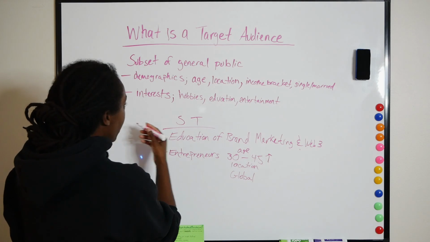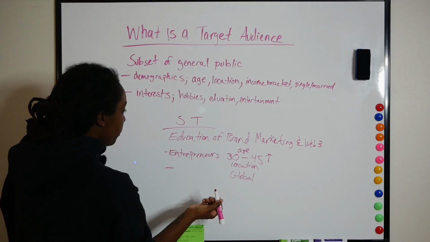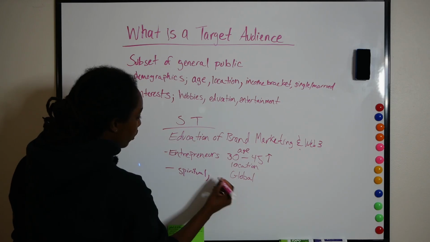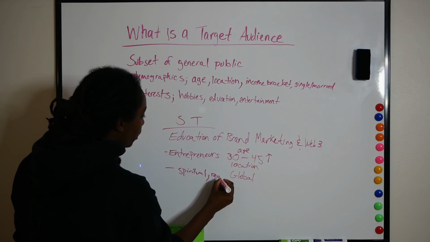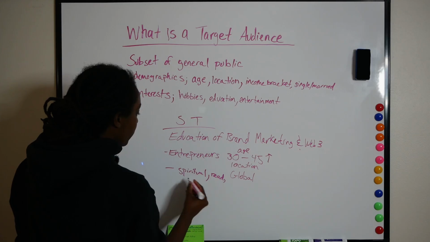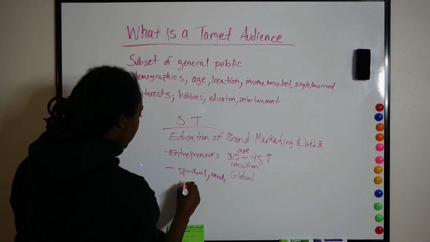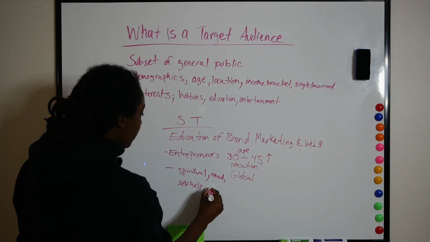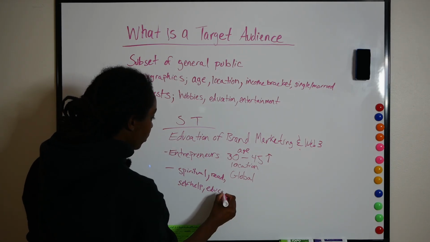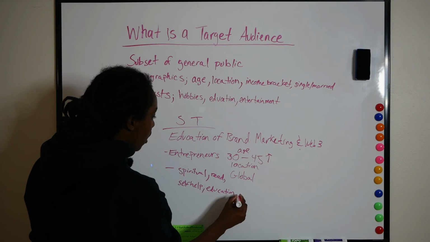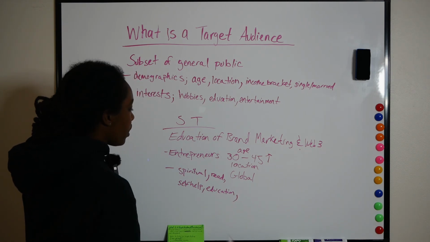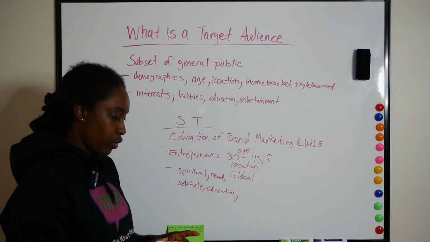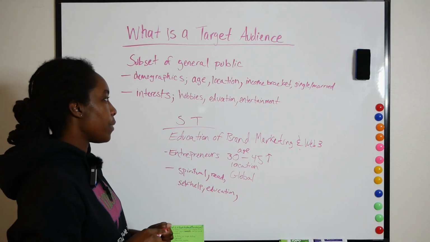Then interests and hobbies might be people who are spiritual, maybe they like to read books, self-help, and maybe they're into education, things of that nature. So you would jot down a rough draft of different types of hobbies and interests.